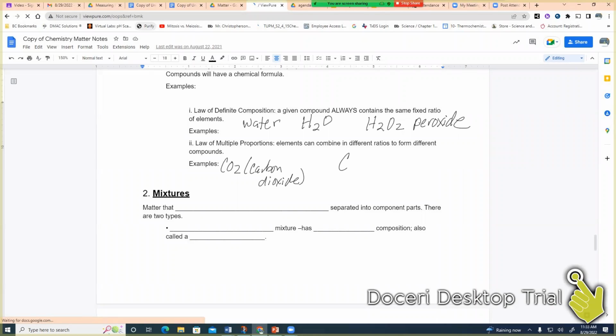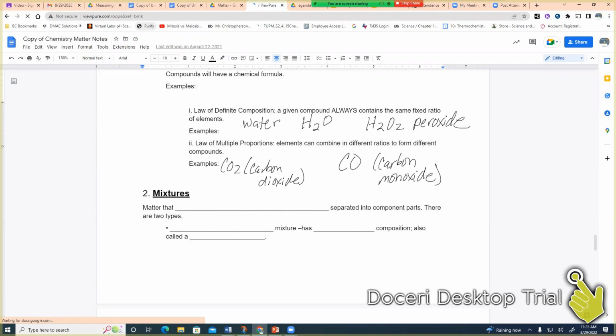But now if I change that up, just the same two elements but in a slightly different ratio, now I have carbon monoxide, which isn't so good, which is poisonous. So it's very important how you put the elements together. Like I said, throughout the year we'll spend more time on that.